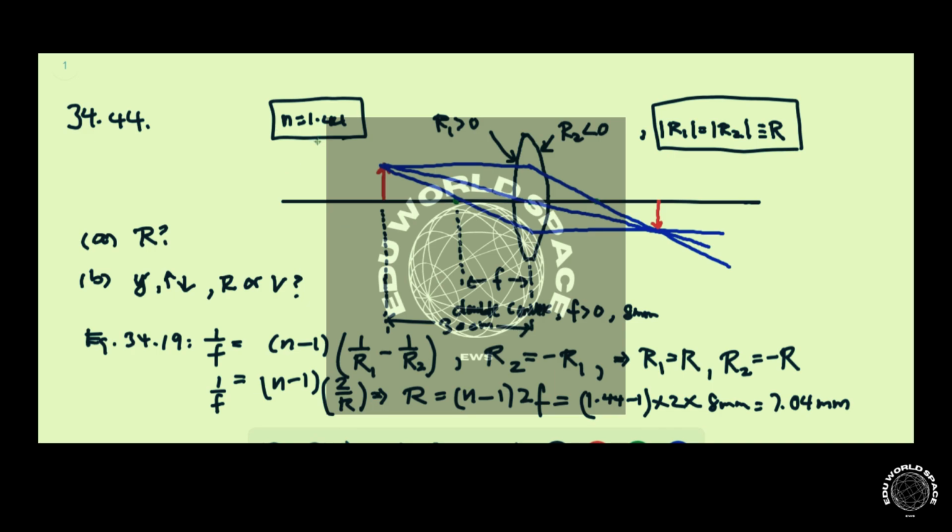And also that the height of the object is 16 centimeters. And we're asked to determine the height of the image, whether or not the image is erect, which is what I mean by this up arrow, or inverted, which is what I mean by this down arrow, if it's real, which is represented by R, or if it's virtual by V.